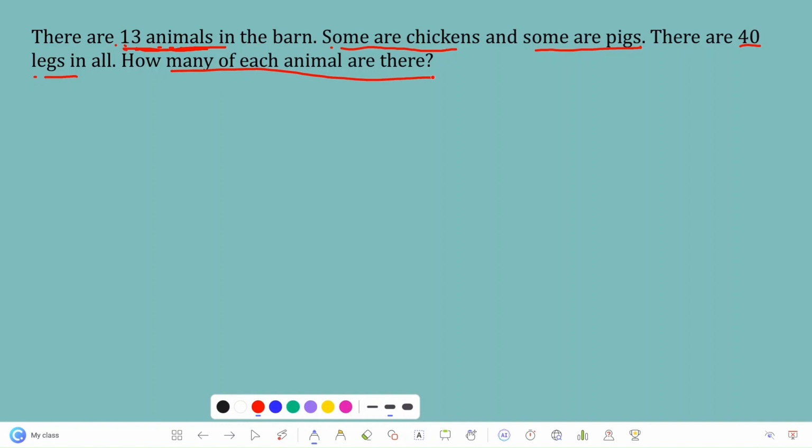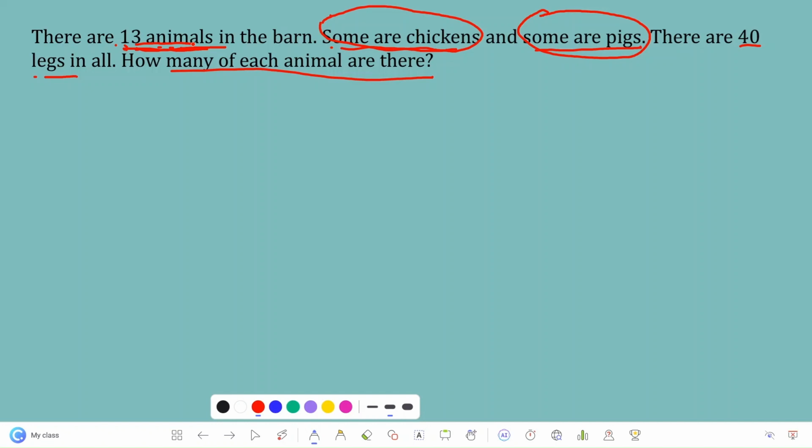Tapos, isipin mo palagi kung ano ang hinahanap ng question. Okay? So, to start, dahil hindi mo alam kung ilang chicken at ilang pig ang meron, you represent the chicken and the pigs into a variable. Okay? The second step natin after you highlight important information is to represent into a variable.